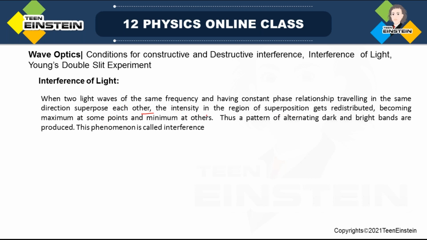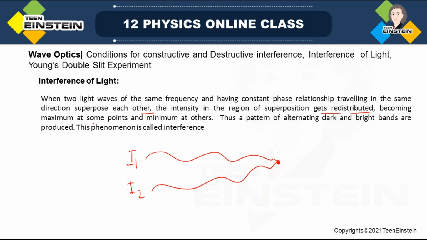The intensity in the region of superposition then gets redistributed. That means some intensity was there in the beginning for the two waves. When they superpose at any point like this point, the intensity gets redistributed.